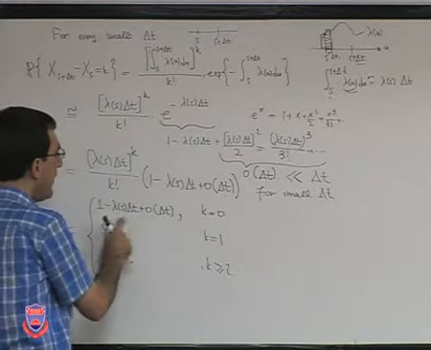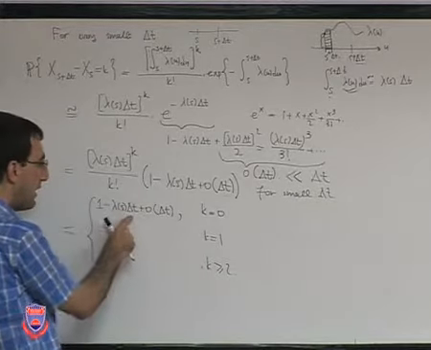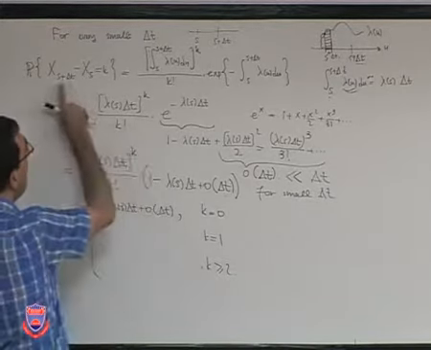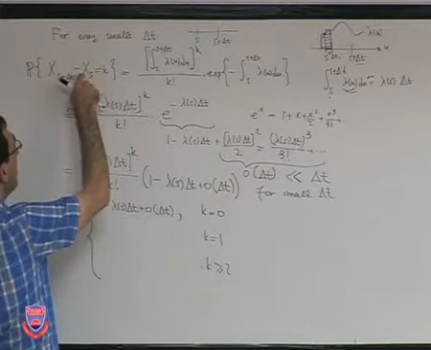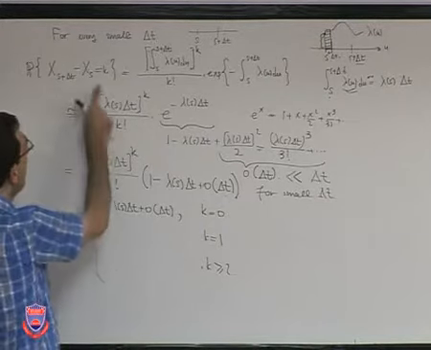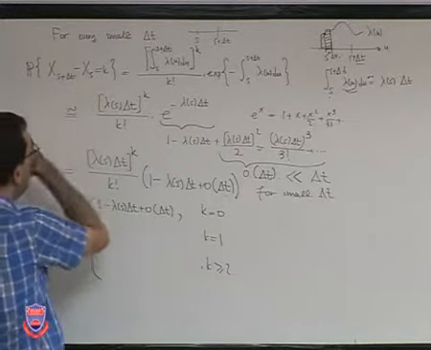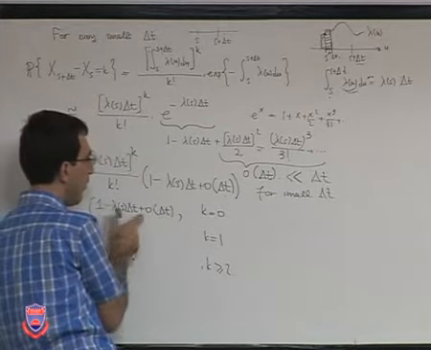So with this approximate probability, if delta t is small, the value of the process is not going to change over any small interval with this probability.